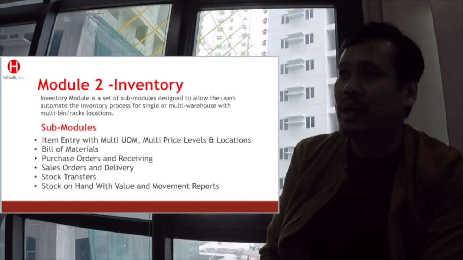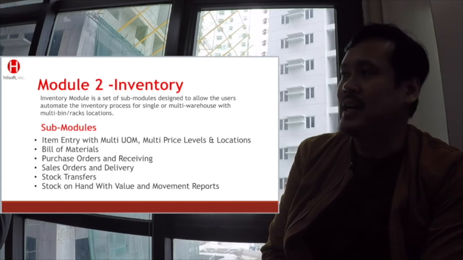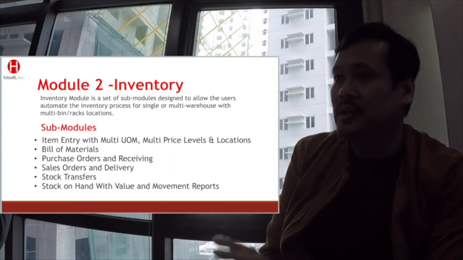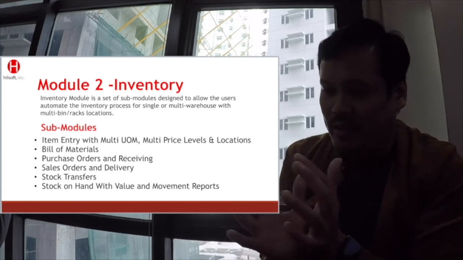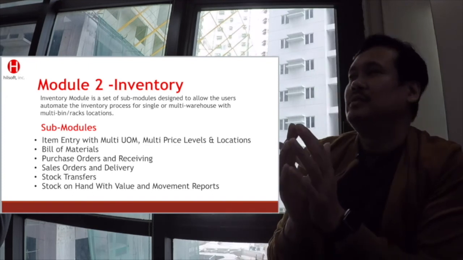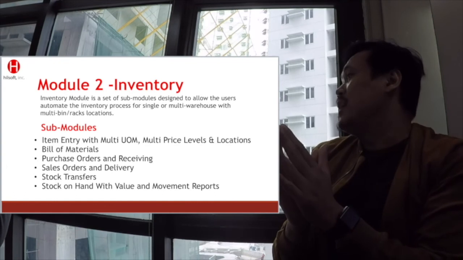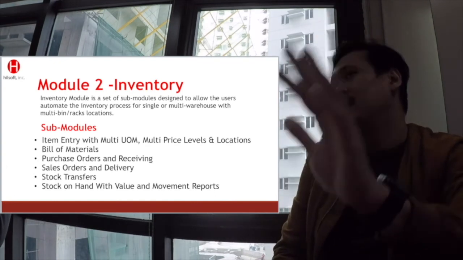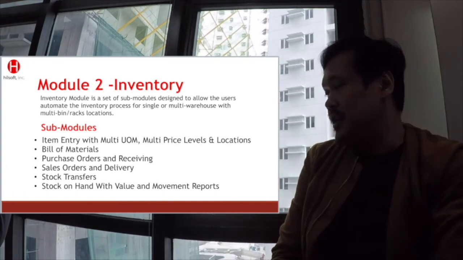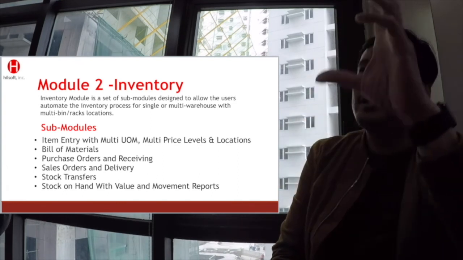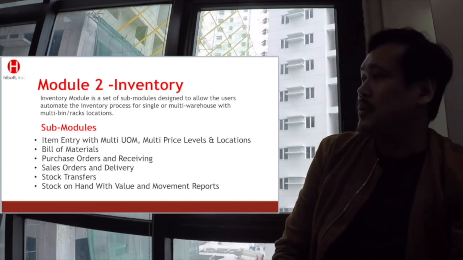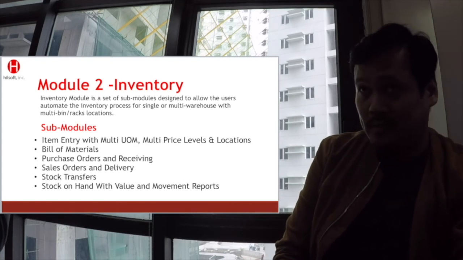Kunyari to produce one piece of cheese pizza, you have to do this raw materials, di ba? Whatever the cost noon, kunyari ang cost niya is 300 pesos. So you know that if you sell this pizza, the cost is 300 pesos. So how much profit margin would you like to get from that standard cost?